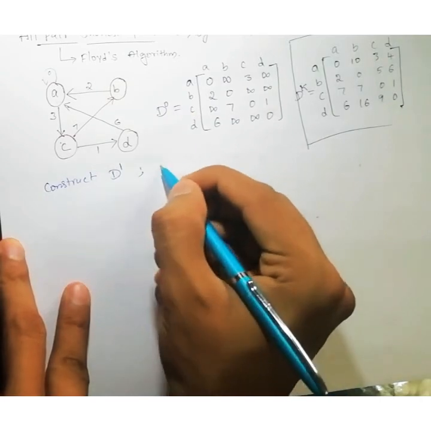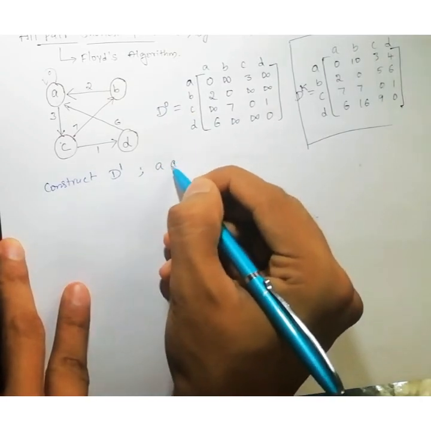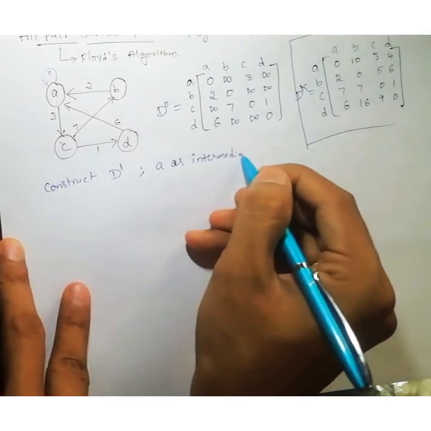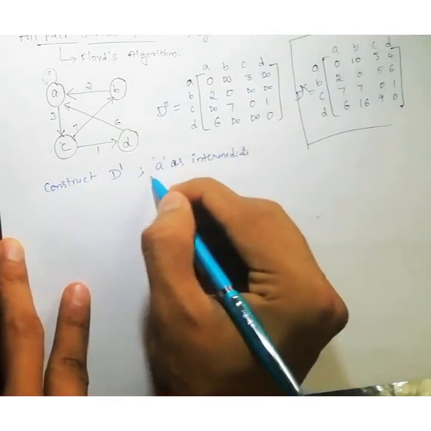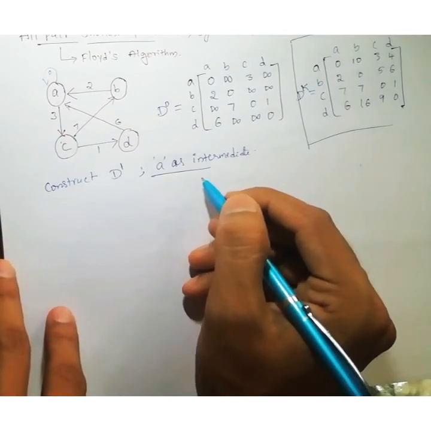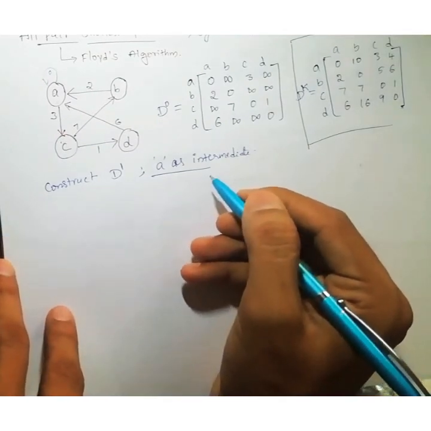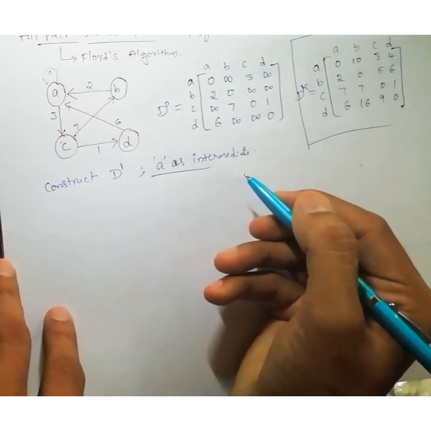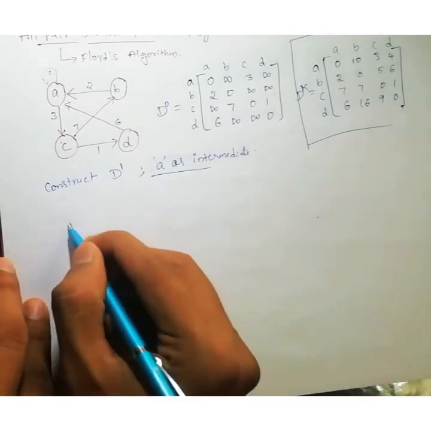Here we are considering A as the intermediate vertex initially. First I will consider A as an intermediate, to check whether any new path will be available or not. So I will construct D1 here.